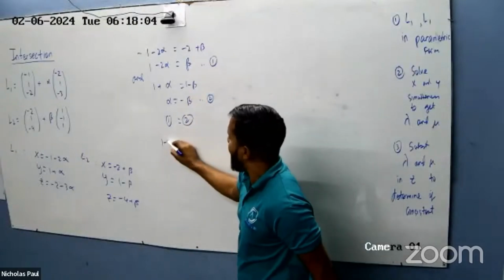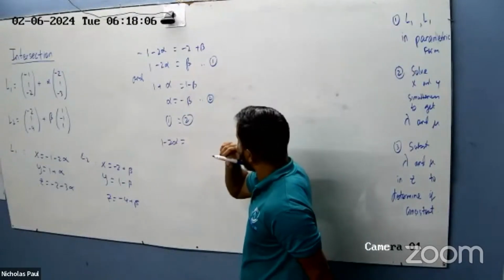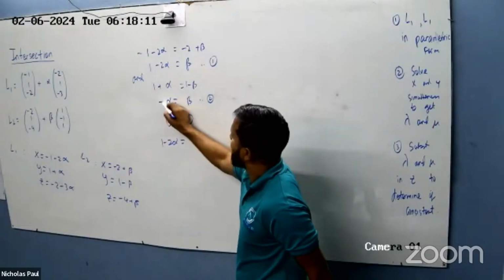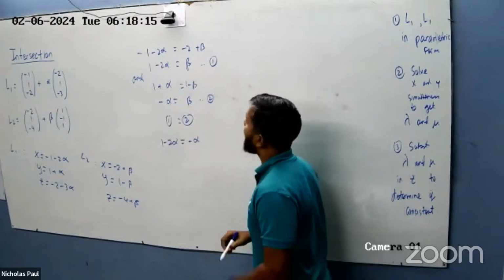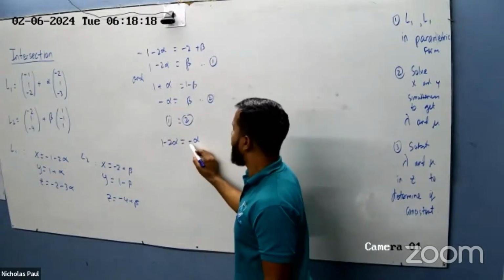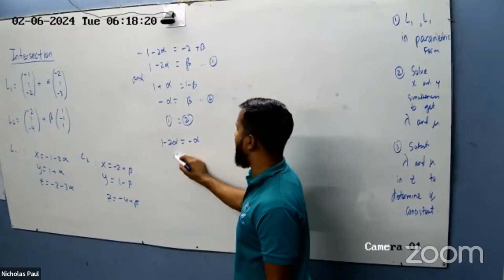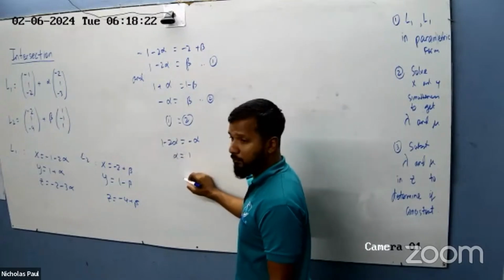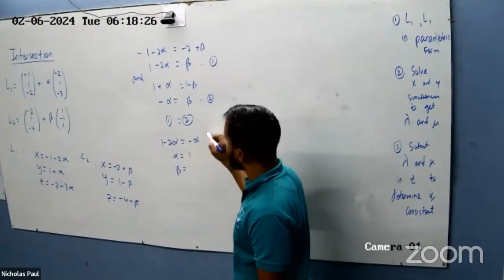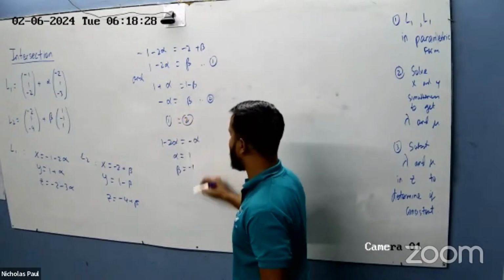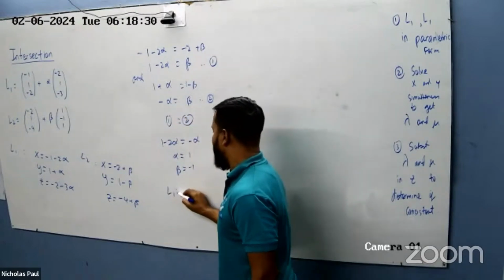So you'll get 1 minus 2 alpha is equal to minus alpha. Okay? So when you carry it here, I got alpha to be 1. Look at that. Alpha to be 1. And beta will be minus 1. So for L1, you can find Z.